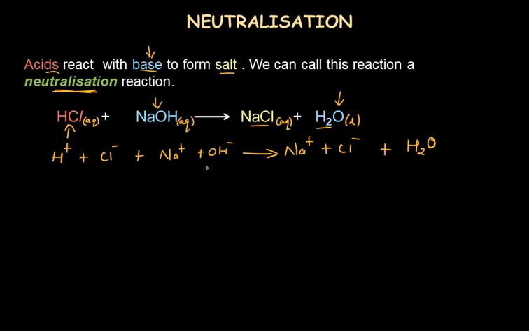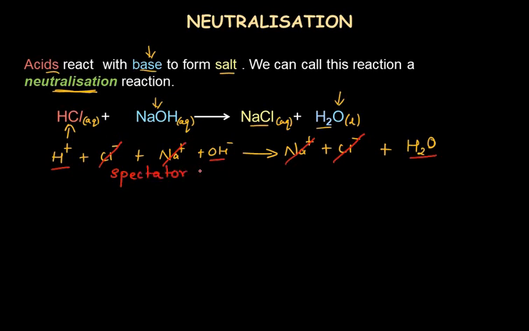Now, on both sides of the reaction, we can see that the sodium ion is the same, so we can cancel it because it's not going to take part in the reaction. Even the chloride ion can be cancelled because the actual reaction is happening between the hydrogen ion and hydroxide ion to form the water. So the ions which are cancelled off, like sodium ion and chloride ion, are called spectator ions.